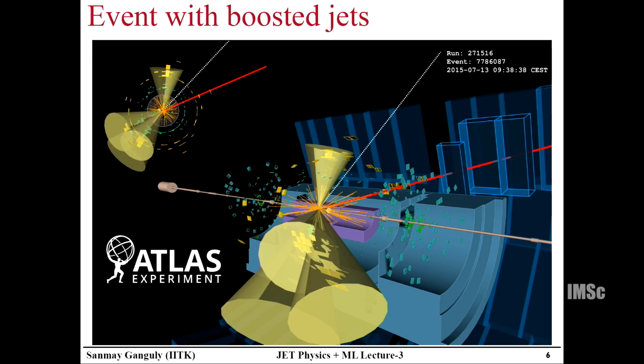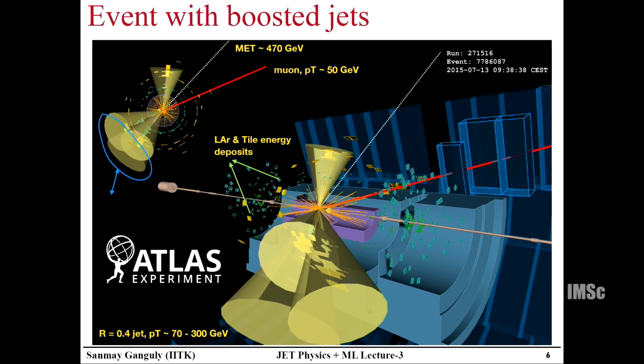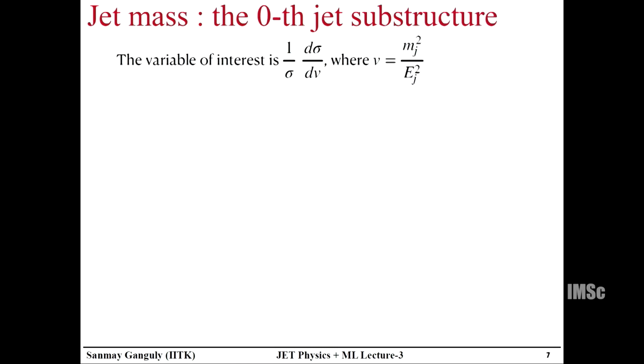So it's not just that simulation shows what we want to see. Actually, in real life, these things pop up every now and then, and we need to understand them. So here is what is what. You can see this is a t t-bar event where you have one of the tops in this direction, then there is a muon and all this stuff. Okay, so we measure all these little pieces of energy that you see, and we have to reconstruct them.